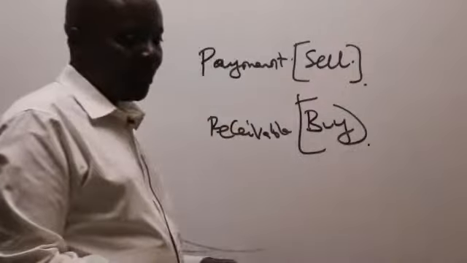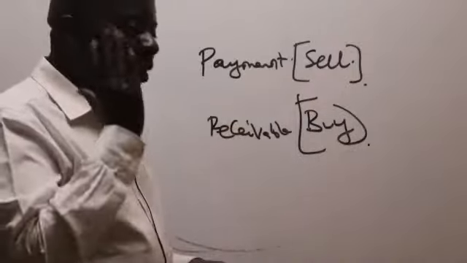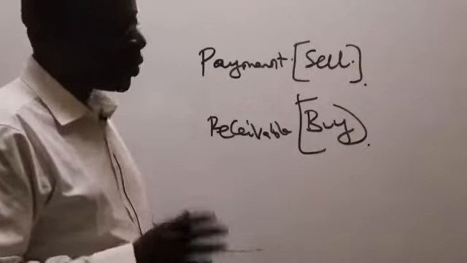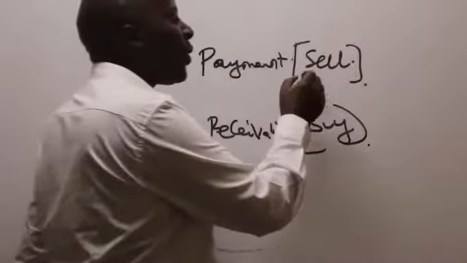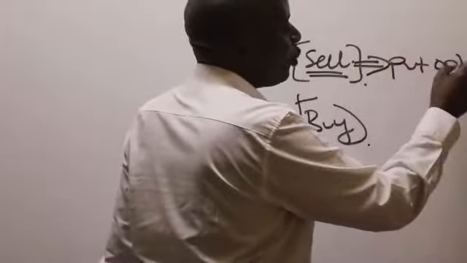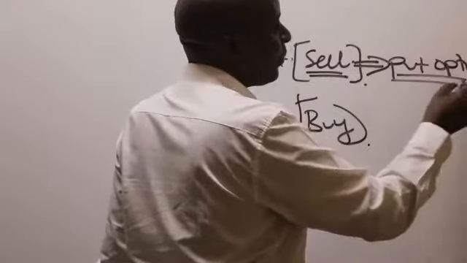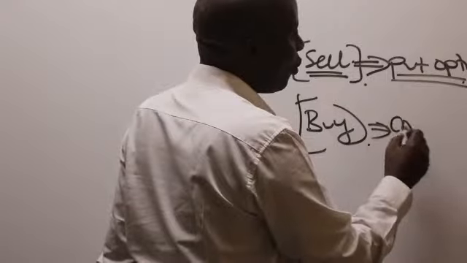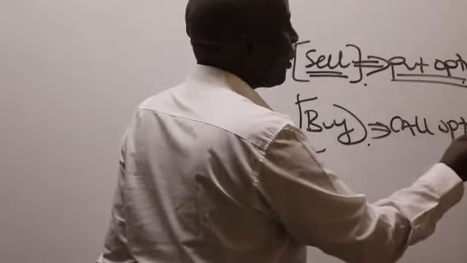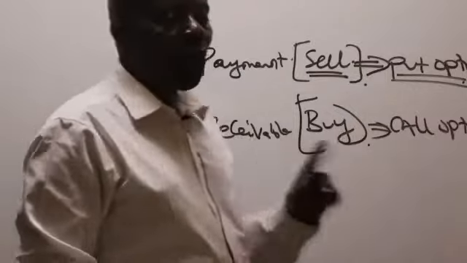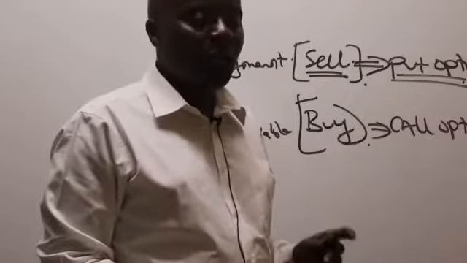So when you go to a question and see it is a payment question, you know straight away it is sell, and sell is what here, somebody? Sell is a put option. Receivable becomes automatically a call option. The moment you can distinguish the two, where you are at home, you will never have issues.